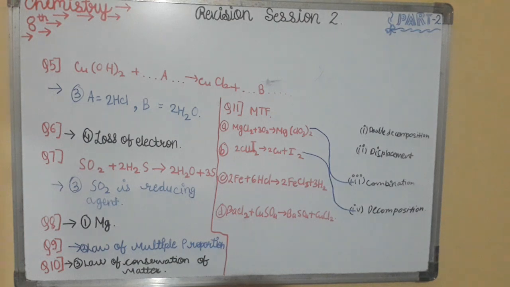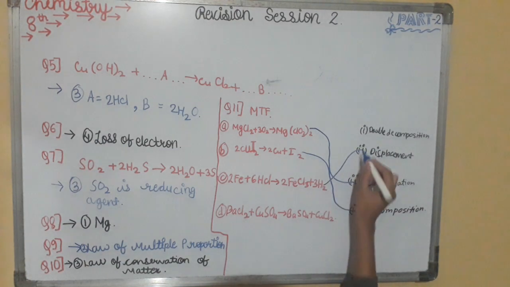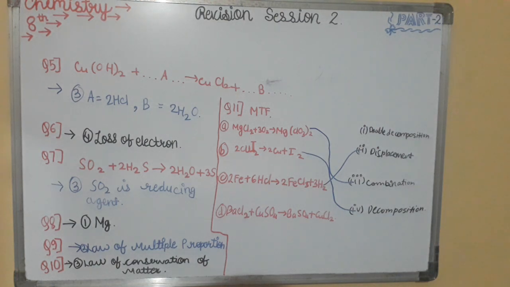C, 2Fe plus 6HCl gives 2FeCl3 plus 3H2, is a displacement reaction. And the last, BaCl2 plus CuSO4 gives BaSO4 plus CuCl2, is a double decomposition reaction.